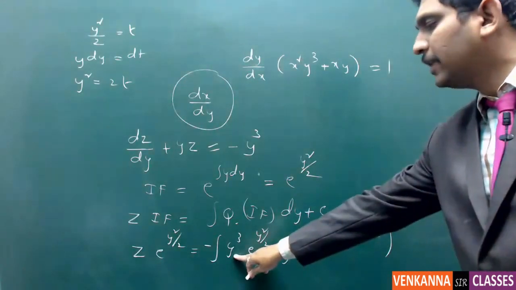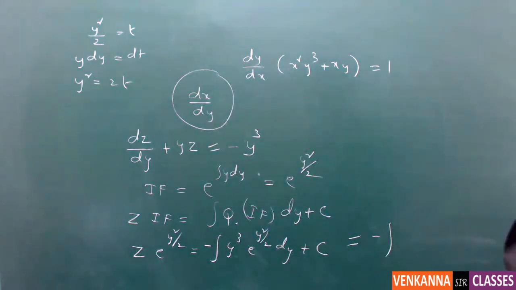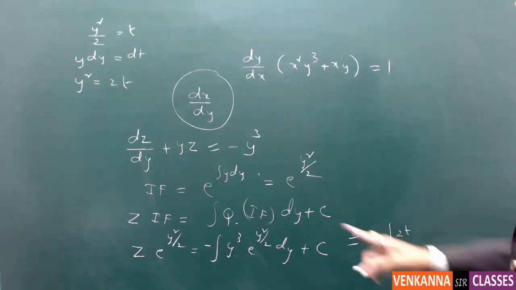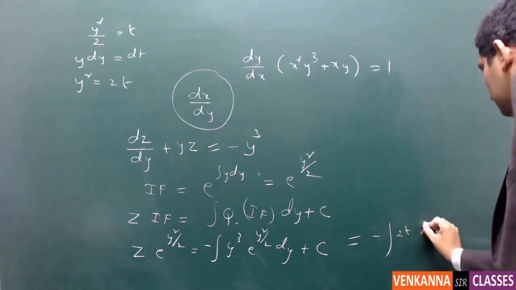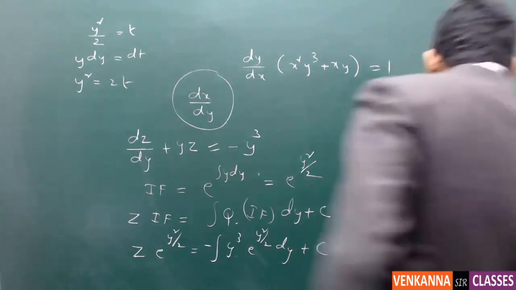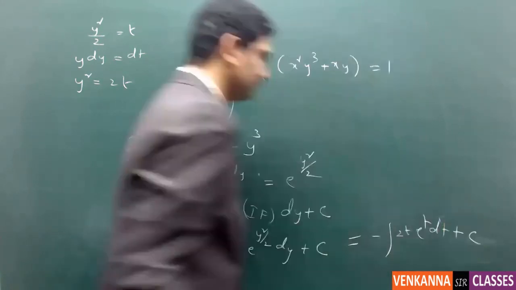So y cube can be written as y square into y, so that y square is nothing but 2t, y dy is nothing but dt, and this is e power t. So in a simple manner you can write that 2t e power t dt plus c.